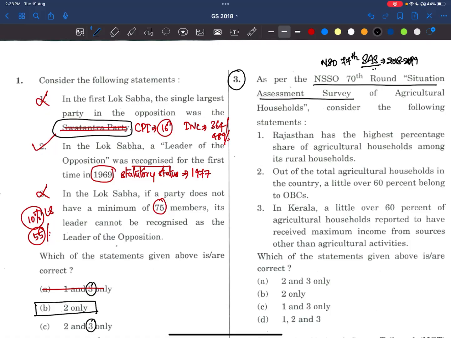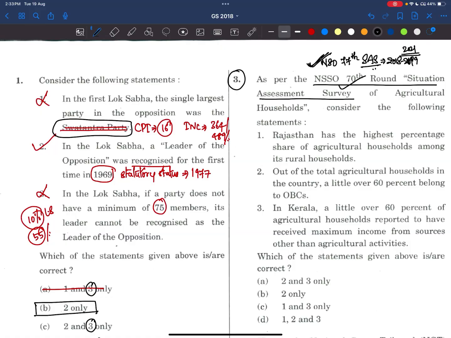It was published in 2021. Even the data from this SAS and from the NSSO 70th round, the figures are very similar. That's why I have given this point before itself, right? Very similar results only. I think this is the latest one which is present.